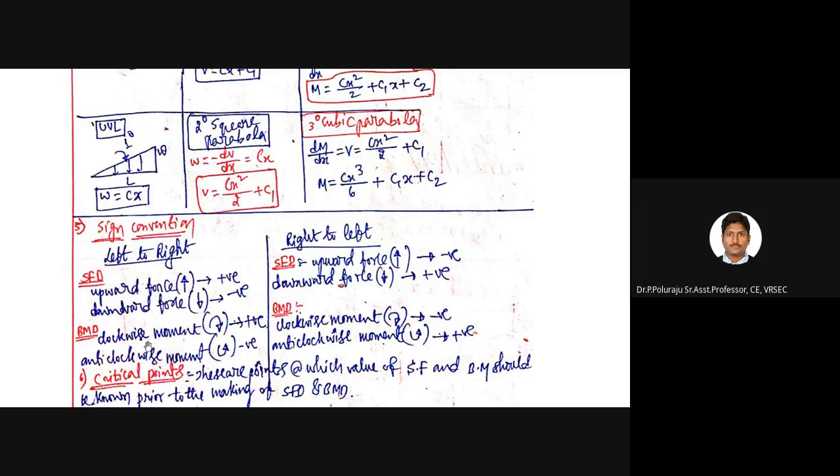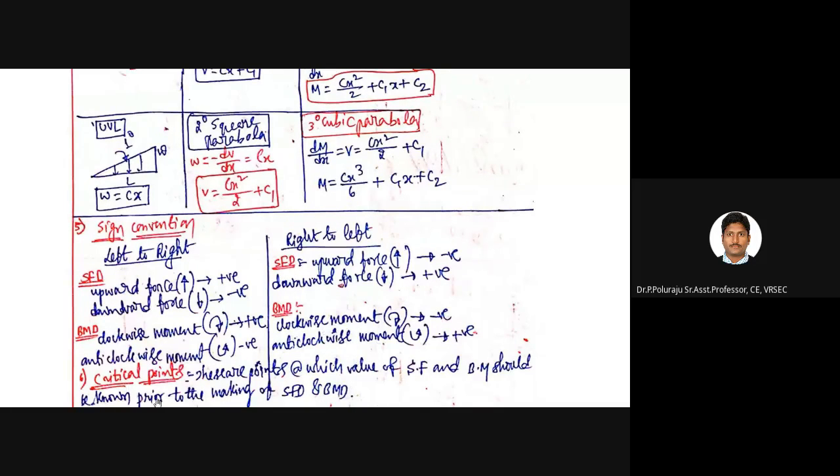Bending moment is clockwise movement positive, anti-clockwise movement negative when you are moving left to right. And when you are moving right to left, SFD upward is negative, downward positive. Bending moment clockwise negative, anti-clockwise positive.